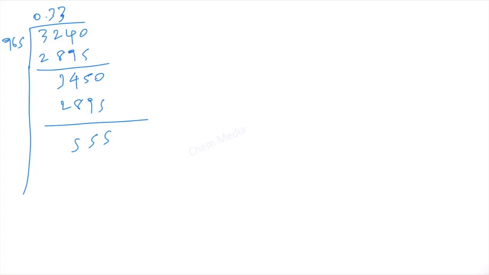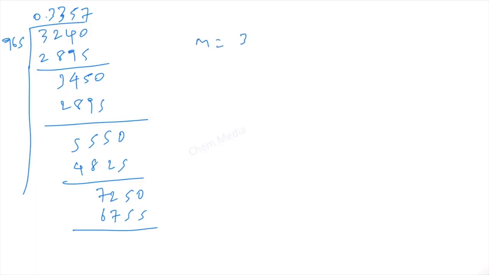We can't divide once again, therefore put 0. And then 5 times will be 4825, remaining 2, then 7. Once again we can't divide, so put 0. 7 times will be 6755. So therefore, now we can write that mass is equal to 335.7 times 10 to the power minus 3 gram, which we can write as 336 milligram.